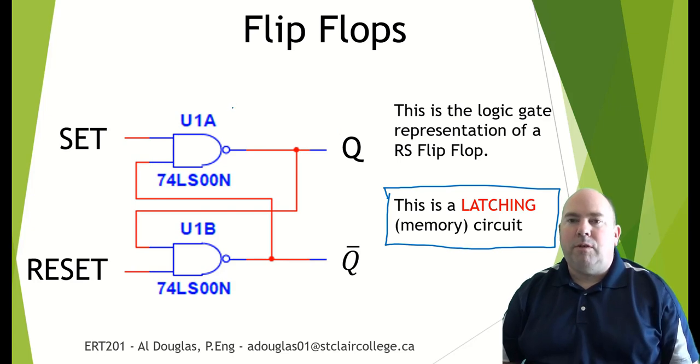So this has a lot of uses for us when we start doing counting or bit shifting or things like that. So this is when we can actually start to remember what things were in the past, basically. So this creates some ability to have memory for us.